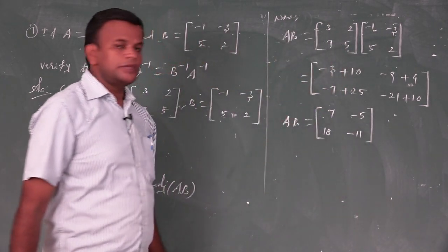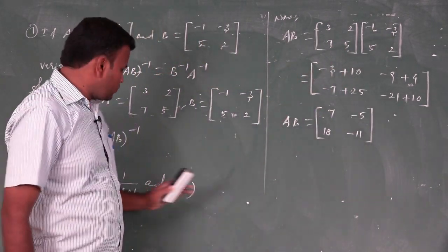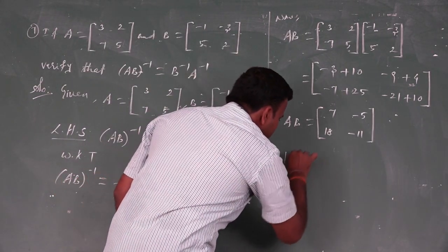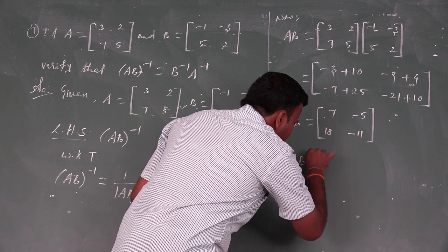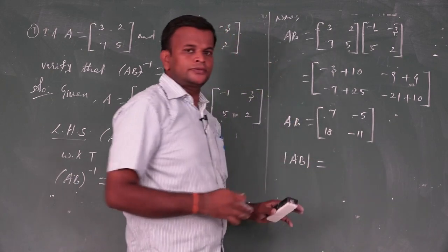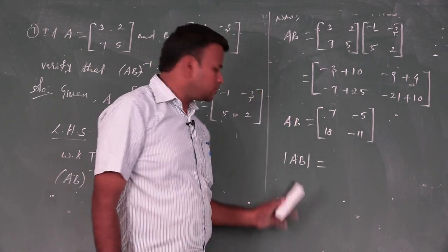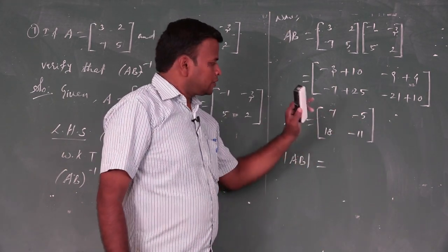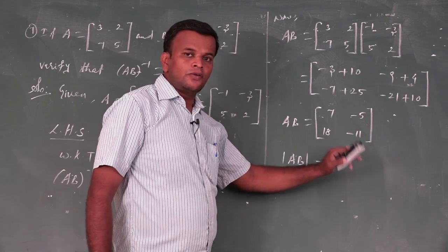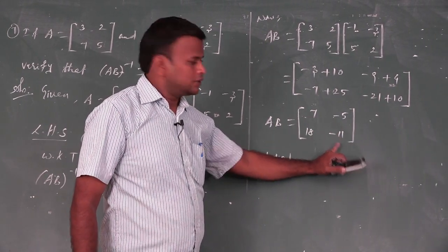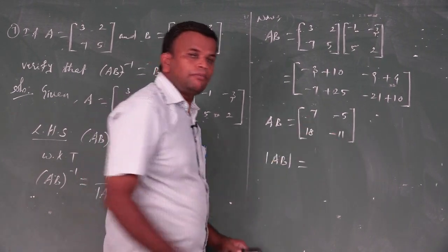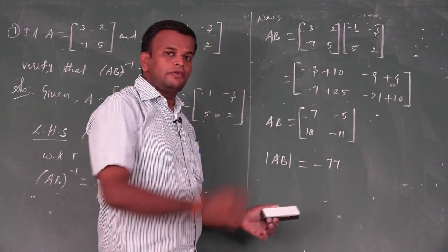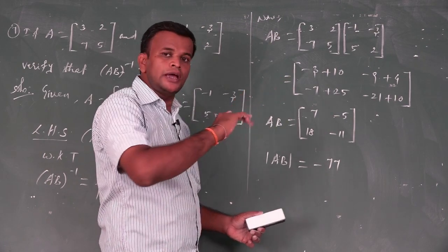So we found AB. Next we find determinant AB. We reduce one step also; directly we find the determinant. So how to find the determinant of this matrix? First we multiply these two elements: 7 into -11 is -77. Next we multiply the remaining two elements with a minus.